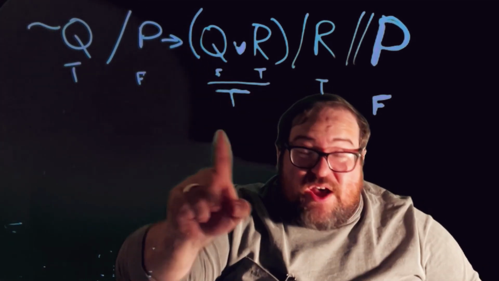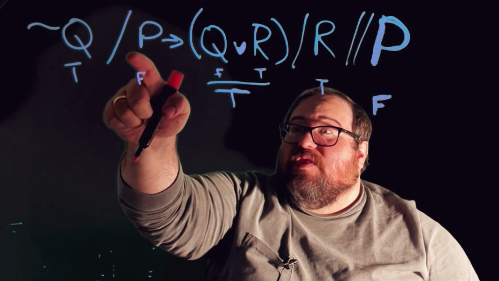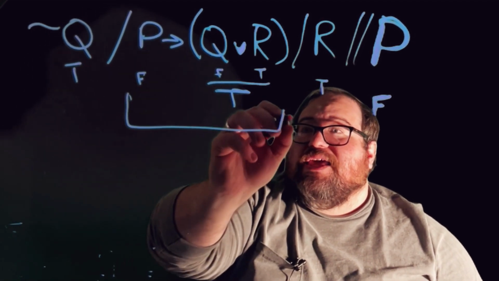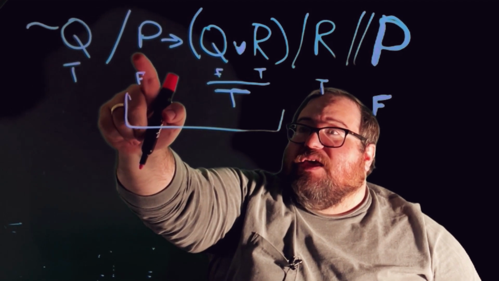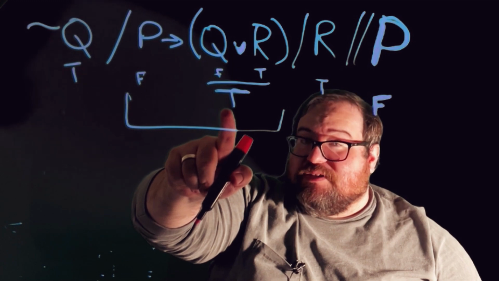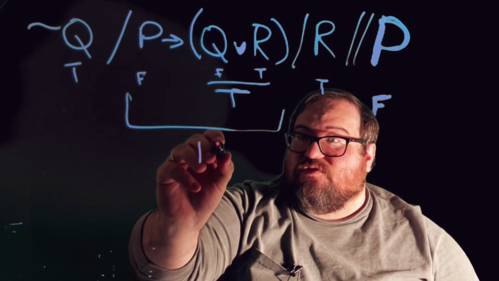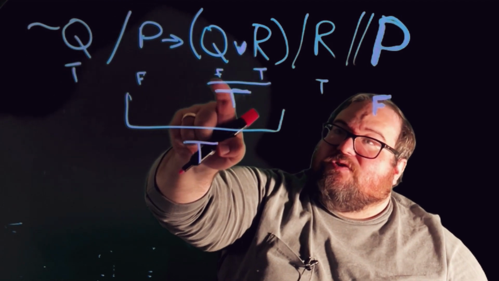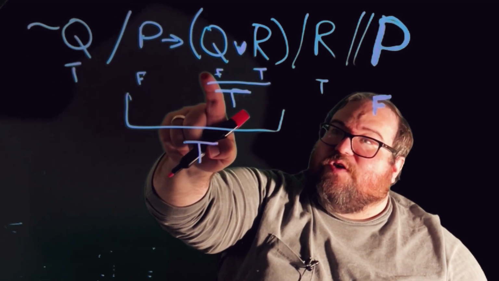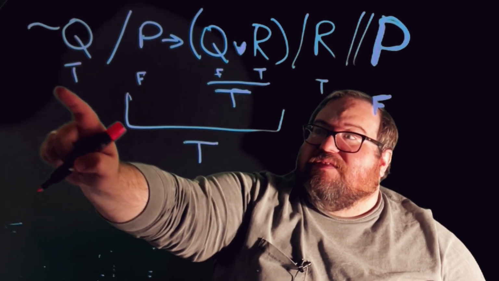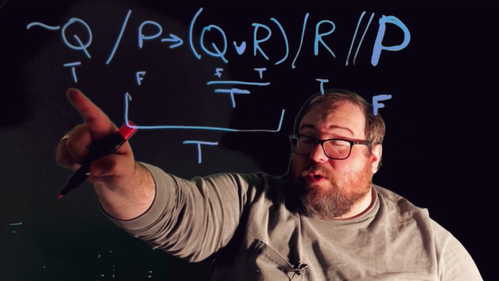And we also know that with a conditional statement, if we have the antecedent false, but we have the consequent true, it is still true. And going back to the Q, because we said that Q was false, it is not the case that Q means that this is true, which is what we want.